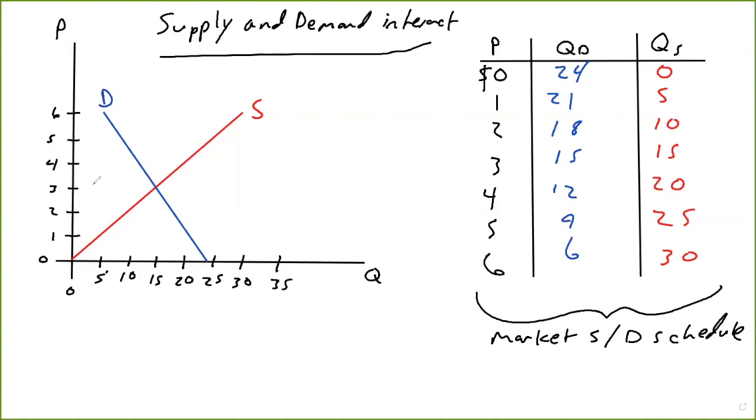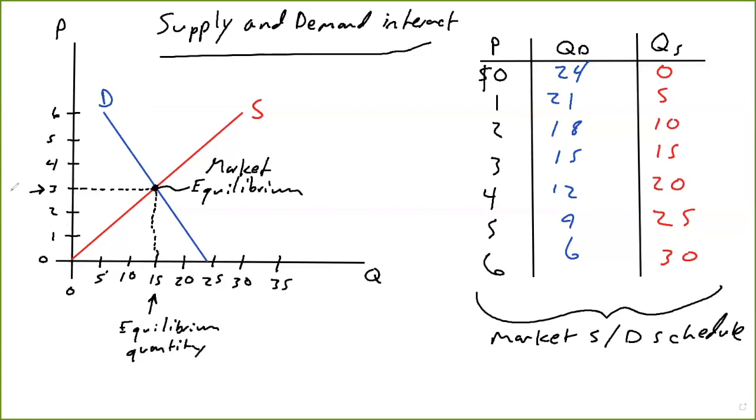And obviously there's one point that has some significance in this plot, which is where supply and demand are equal. We call this point the equilibrium. And so the price and quantity associated with the equilibrium point, we call the equilibrium price and equilibrium quantity.